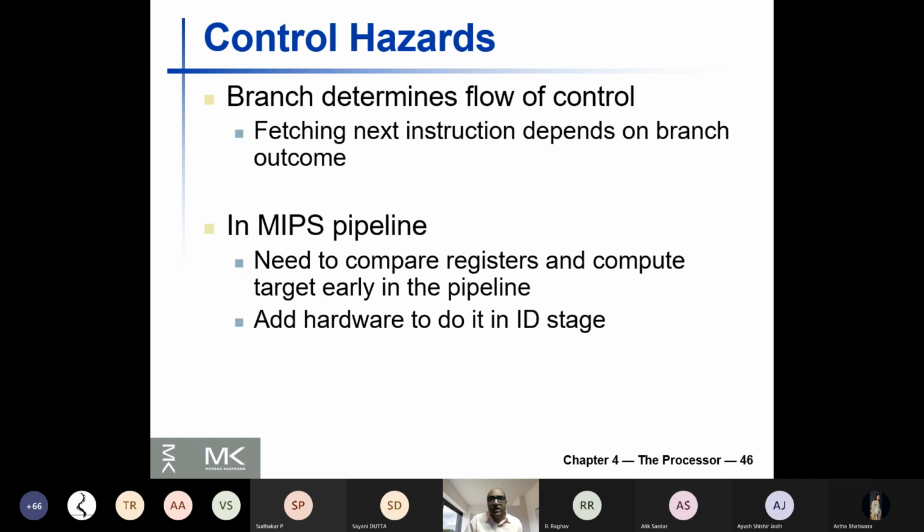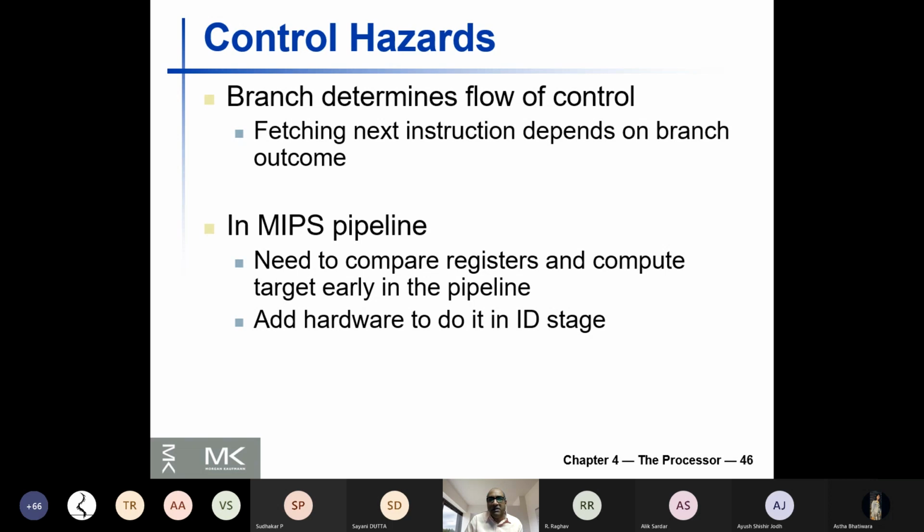Until decoding, we don't know about the branch address. So when the branch instruction goes into the decoding stage, the second stage, there will be another instruction in the first stage, as by pipeline principle the immediate next instruction has to be fed into the first stage.